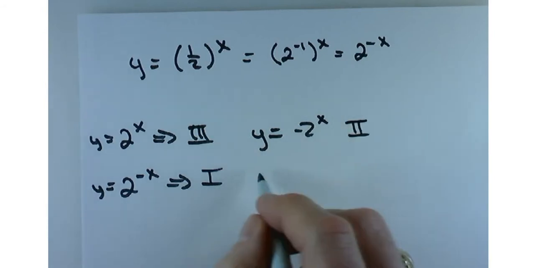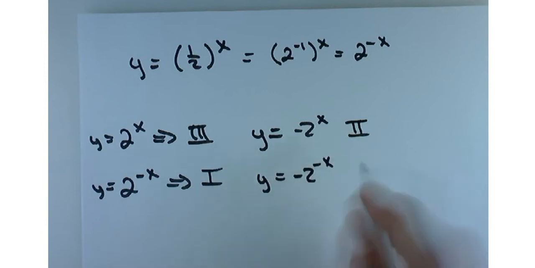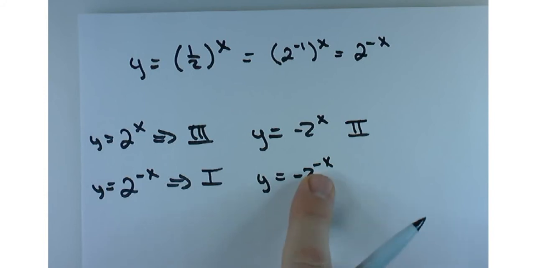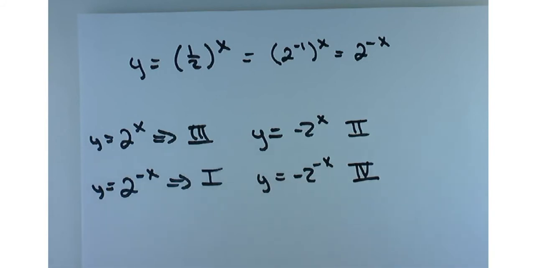And the last one is going to be y equals -2 to the negative x. Now, 2 things are going to happen to this graph. The first one is you reflect it around the y-axis. The second one is you reflect it around the x-axis. So both of those. There's not much suspense in this one because we kind of already ran out of graphs. But it does reflect this fourth one.